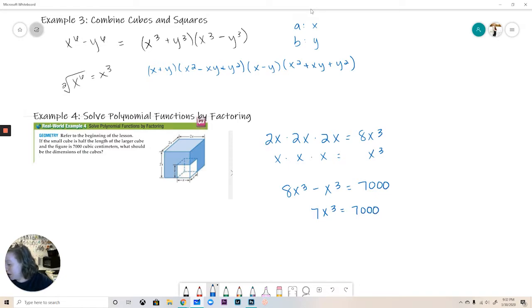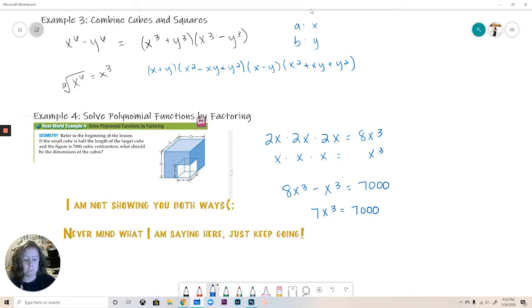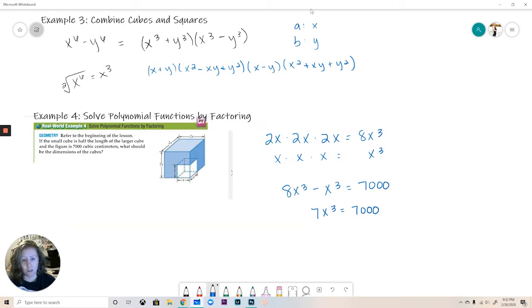I will also tell you that the book typically would want to set this equal to 0 when solving polynomials. This one is kind of a weird example to go off of, so I can show you both ways, because there are some things I would like you guys to see; they're not all going to look like this. But we can continue this, just divide everything by 7.